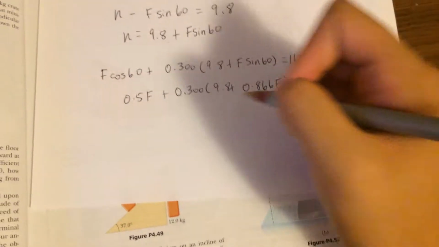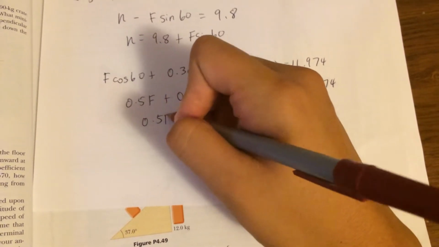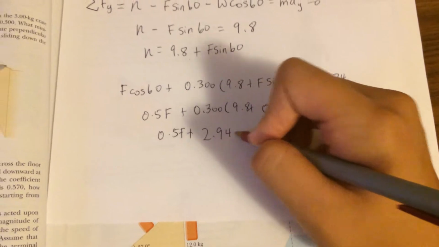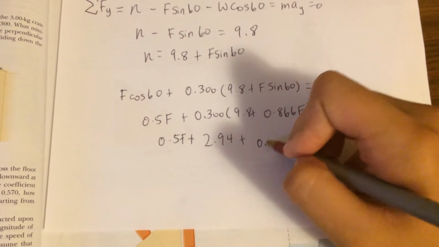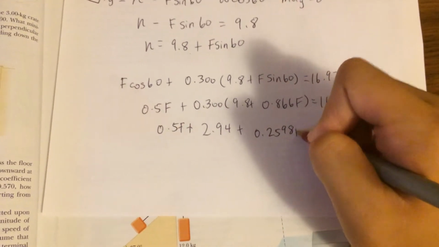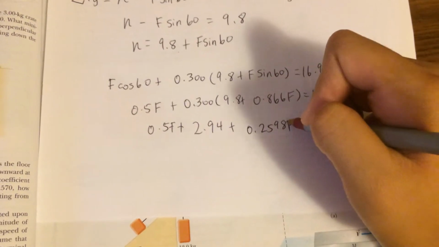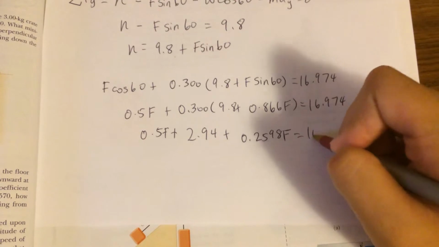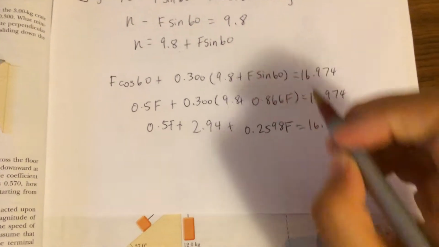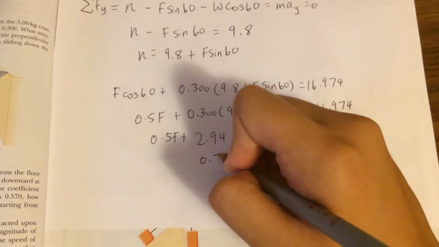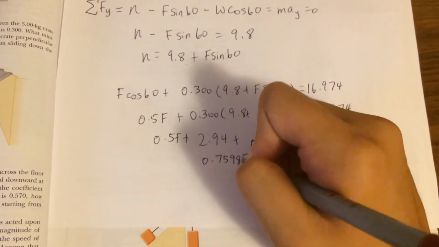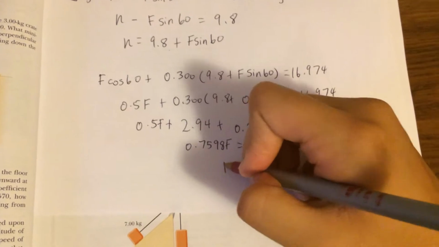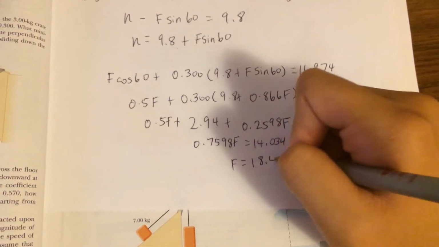And then you have 0.5 F plus 0.3 times 9.8 is 2.94 plus 0.2598 F, which is 0.3 times 0.866, equals 16.974. Combining like terms, you get 0.7598 F equals 14.034. So F equals about 18.47 newtons.